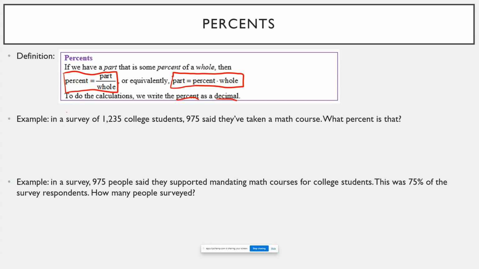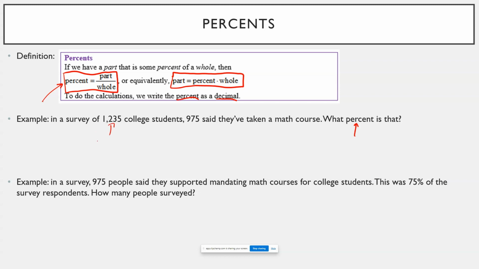So here's a problem. In a survey of 1,235 college students, 975 said they've taken a math course. What percent is that? I'm looking for a percent, so I'm going to use this formula right here. I have to figure out what is the part and what is the whole.